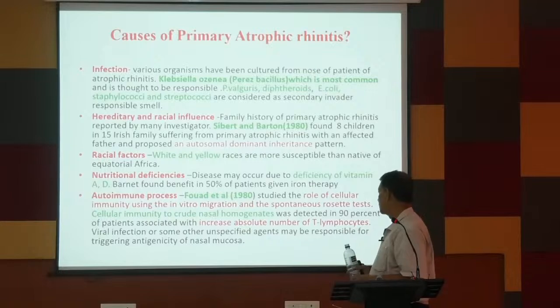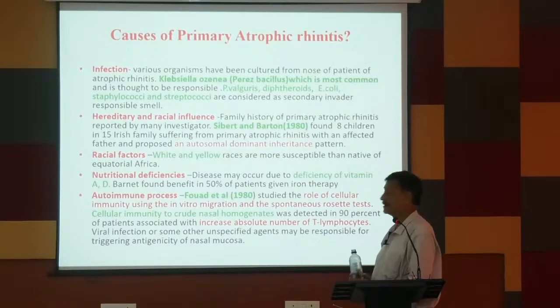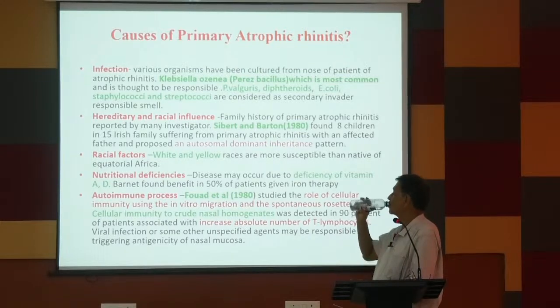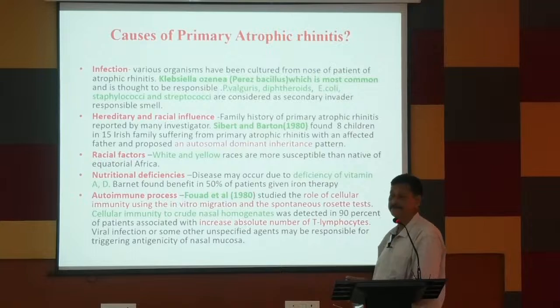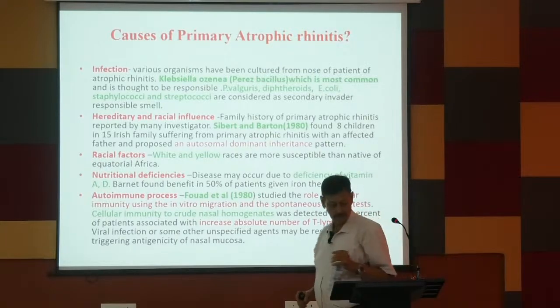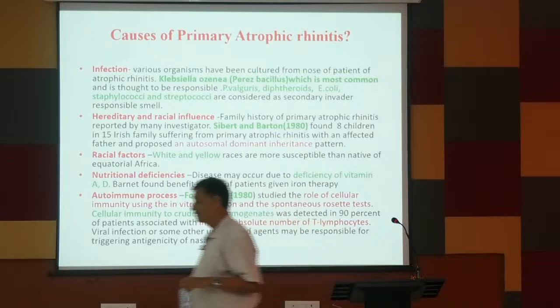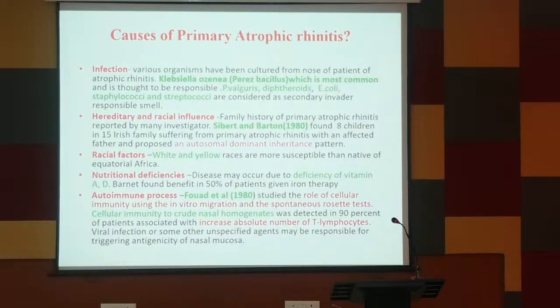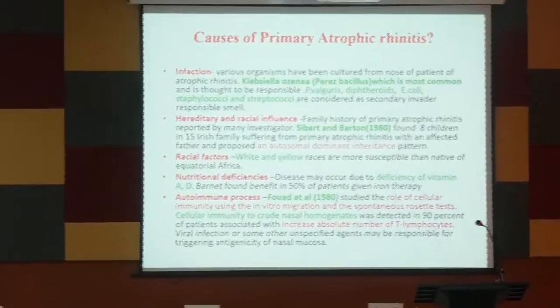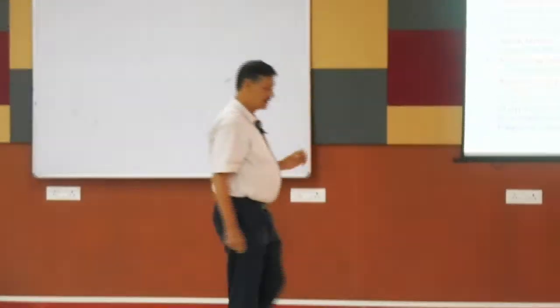Then the autoimmune process. Shaw in 1980 studied the role of cellular immunity. How can you prove it? By taking the turbinate mucosa and making it homogenized. I told you earlier what homogenized means.